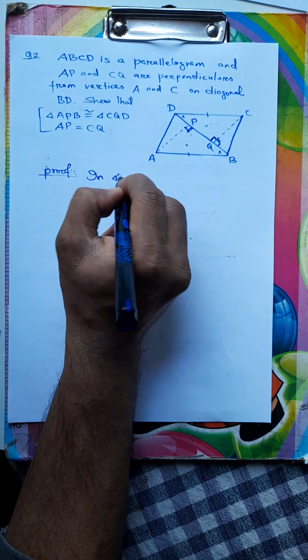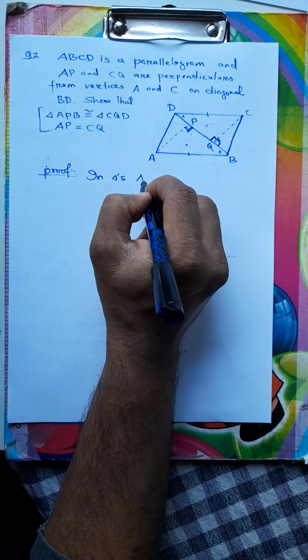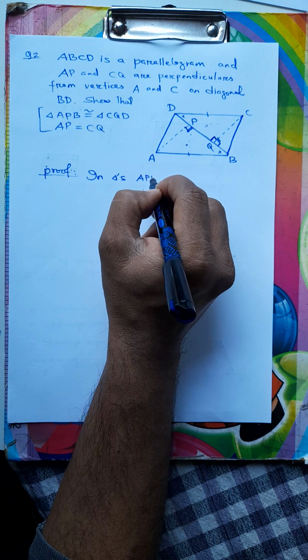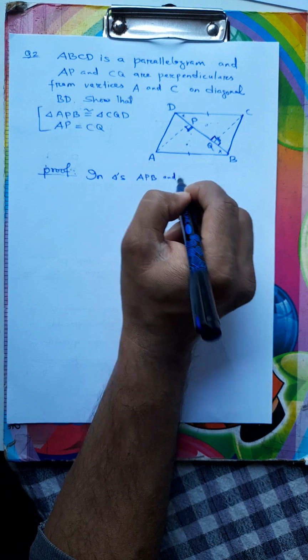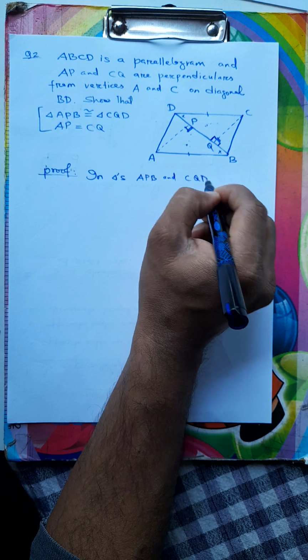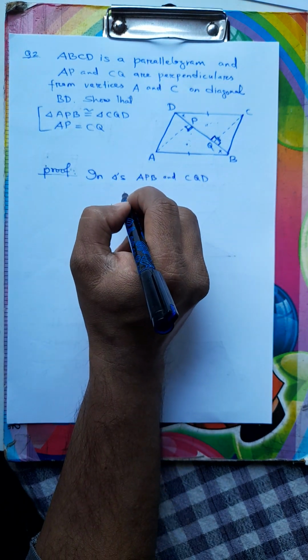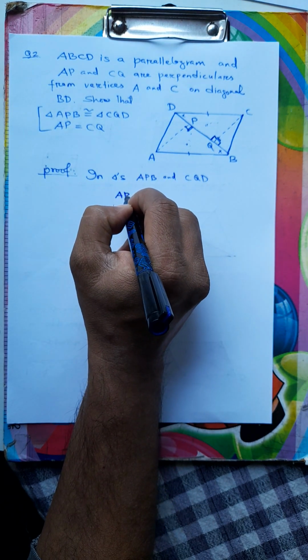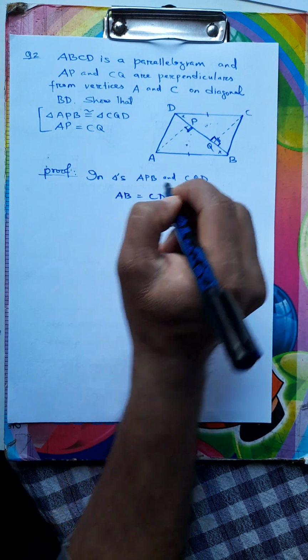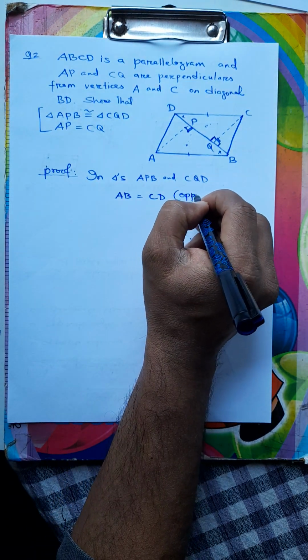In triangles APB and CQD, we find that AB equals CD, opposite sides of a parallelogram.